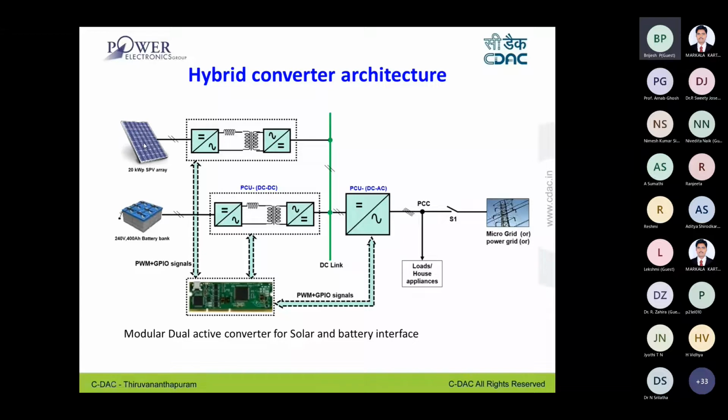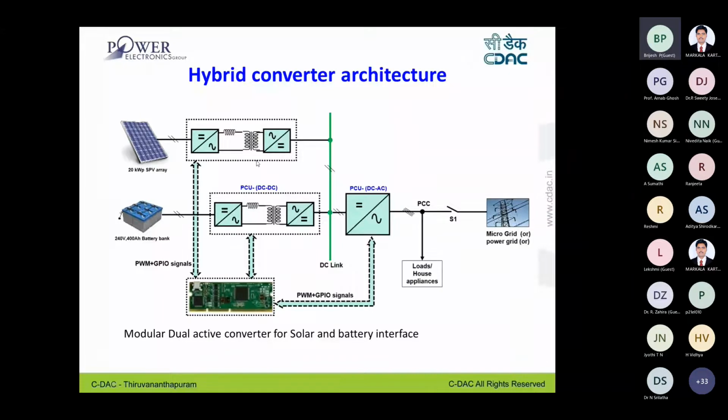Even with some specific IPMs, the frequency can be increased. But now with the flexibility of SiC modules, you can go for high frequency operation. So for our particular power conversion, the SiC switching frequency selected is 50 kilohertz.